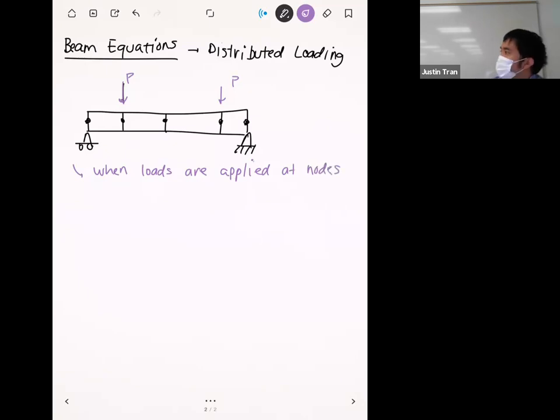In fact, once we have our global stiffness system, we just insert these P's, or these loads, into the appropriate row on which each is acting.